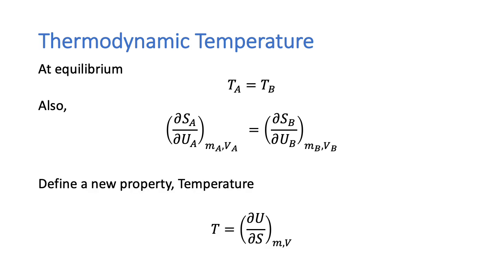So we are now going to define a new property, temperature T, as the partial derivative of U with respect to S, holding M and V constant. To do this, we will have to show that this definition satisfies our usual understanding of the word temperature.